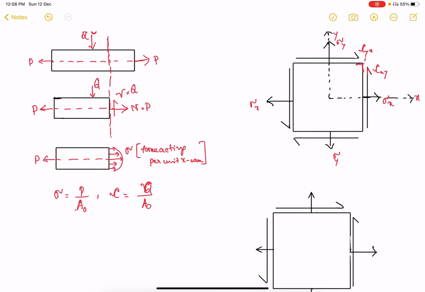Since x is positive in this direction, these two are positive shear stress. To balance this, we have shear stress in the opposite direction, the same in magnitude but opposite in direction.